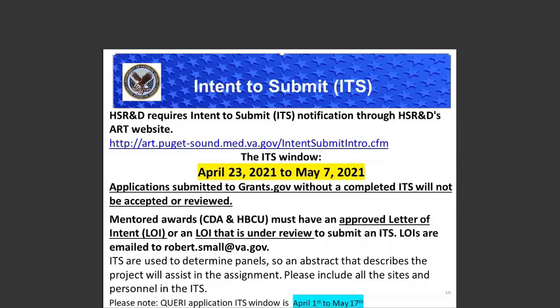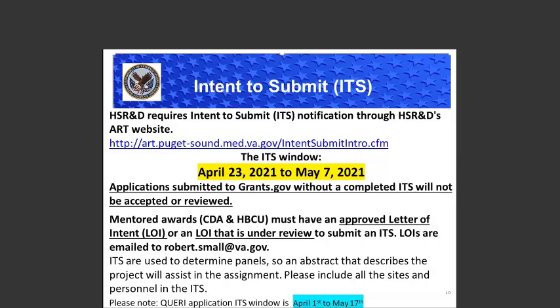If you are submitting for a mentored award for the CDA or the HBCU Scientists Award, those also require a letter of intent. The letters of intent are sent to Rob Small, and those are reviewed.